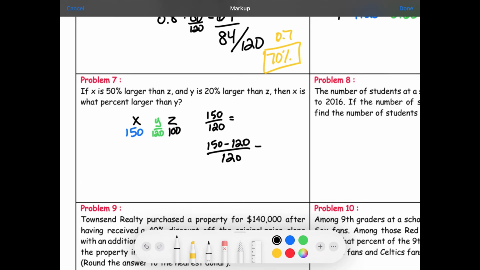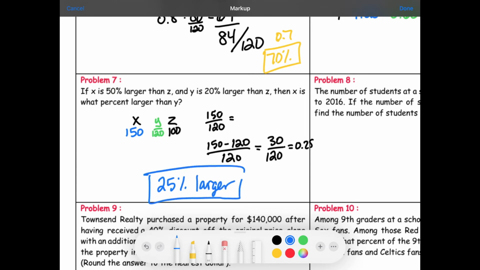Oh, okay. Here I'm finding the percent change. So 30 over 120, which is 0.25, which shows as a 25% increase. Now, if you did 150 divided by 120, you get 1.25, which is 125%, but that would be 25% larger than the original.